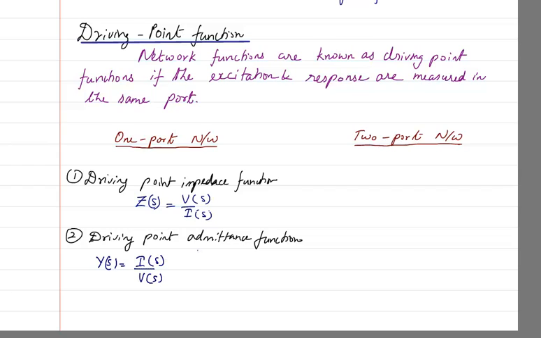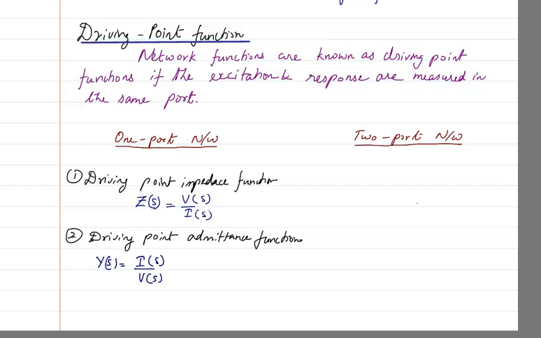So this is the driving point impedance function and the driving point admittance function. Why do we call it a driving point? Because it is the excitation and the response at the same port.